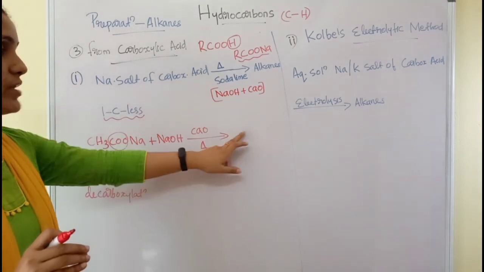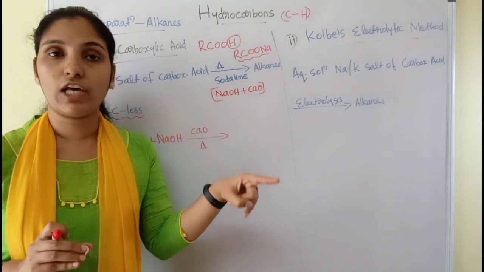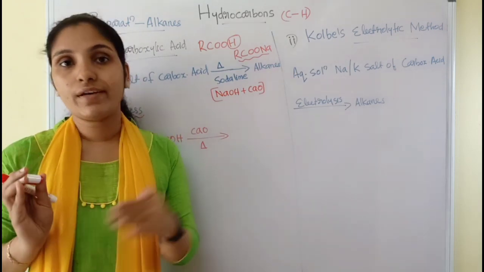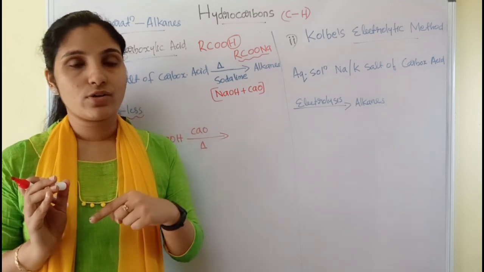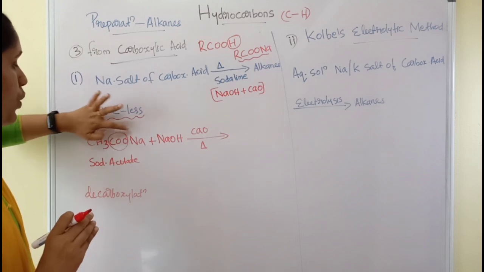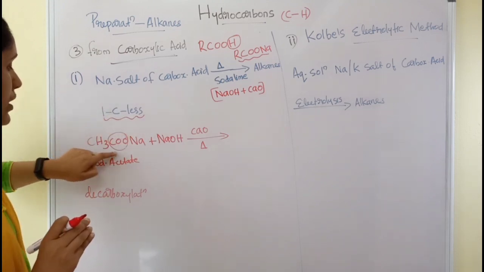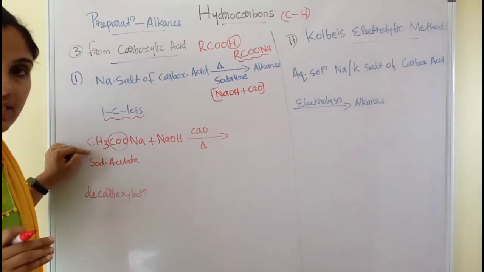And what is the desired product we need? We need the product as alkane. But what is the speciality of this reaction? We will get alkanes with one carbon atom less than the carboxylic acid that we have taken. Here CH3COONa contains a total of 2 carbon atoms, so 2 minus 1, we get 1.